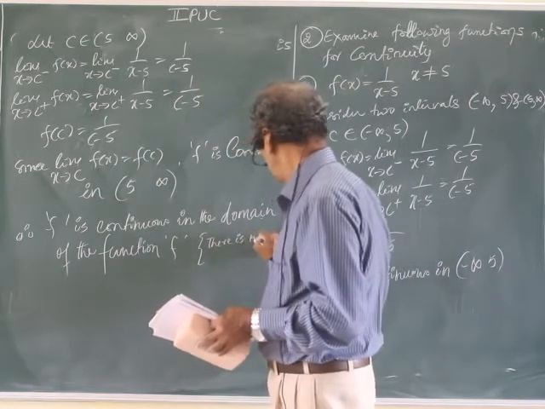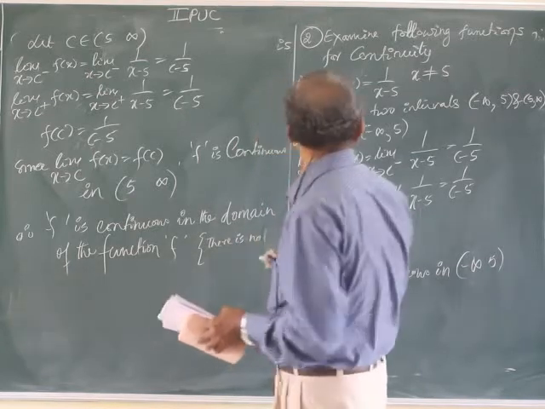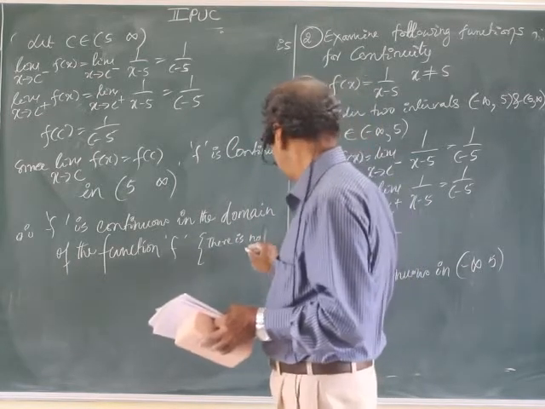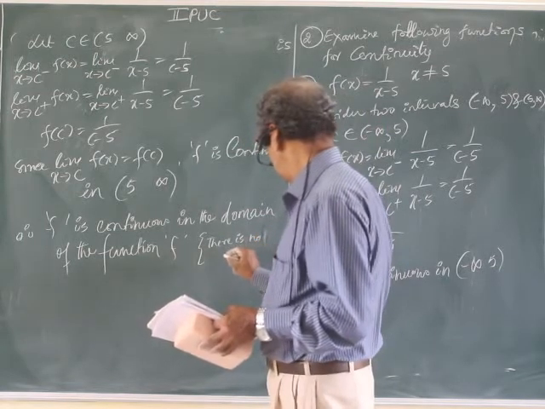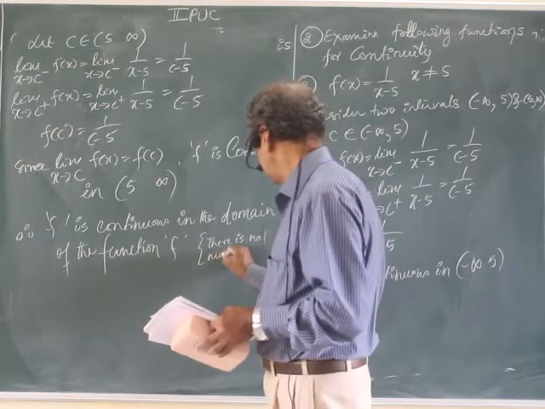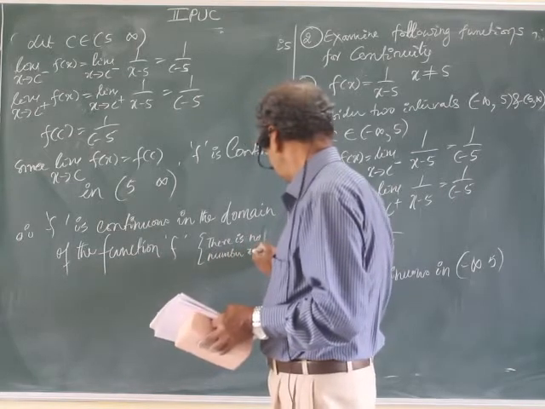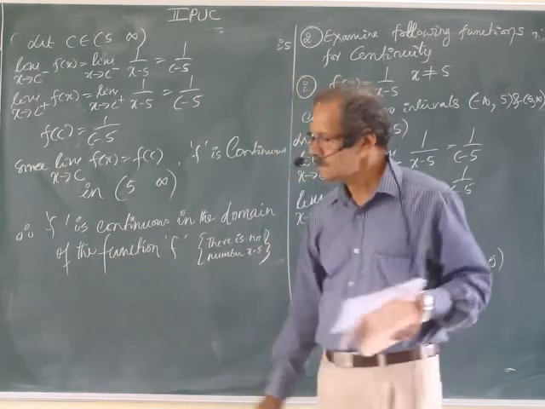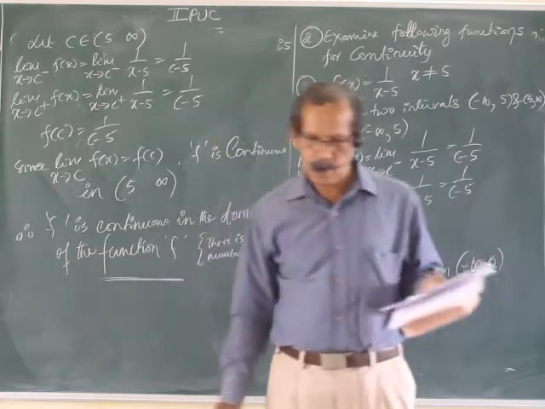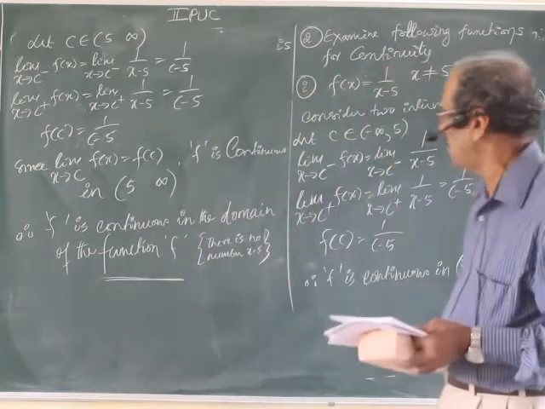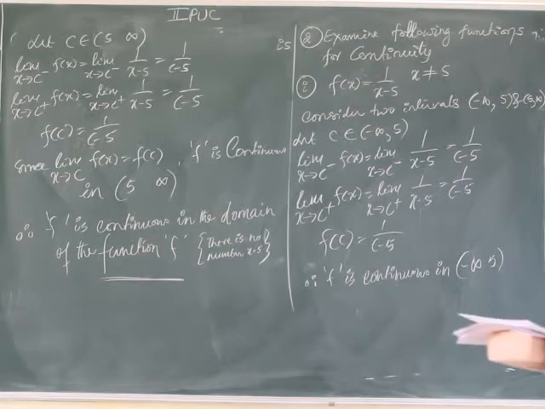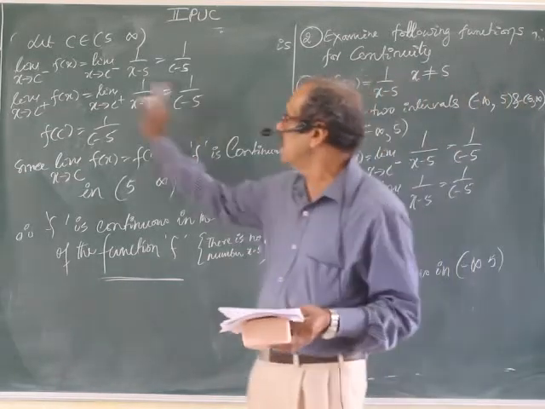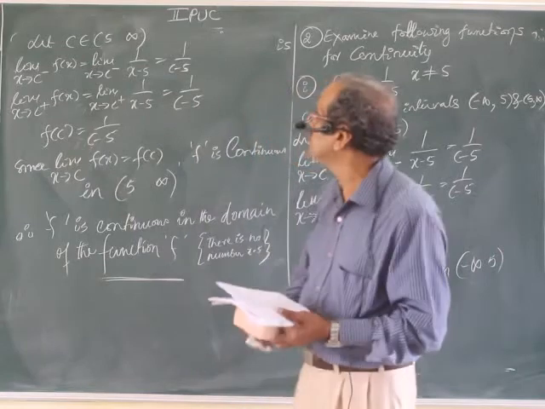There is no number x equal to 5 in the domain. 5 is not there in that particular set. Therefore it is continuous in the domain of the function, the entire domain.